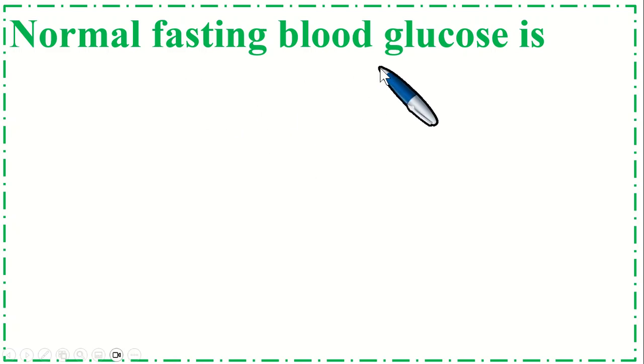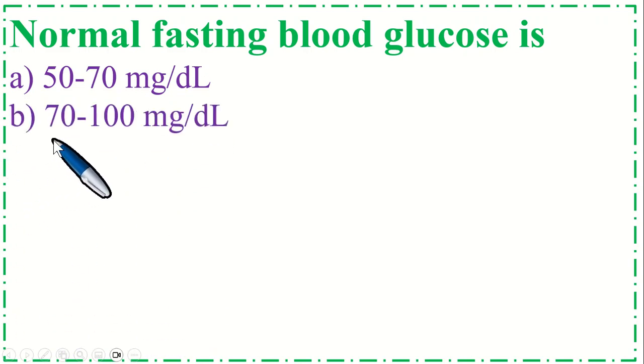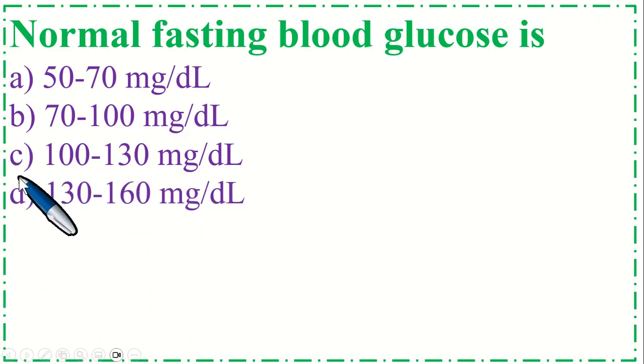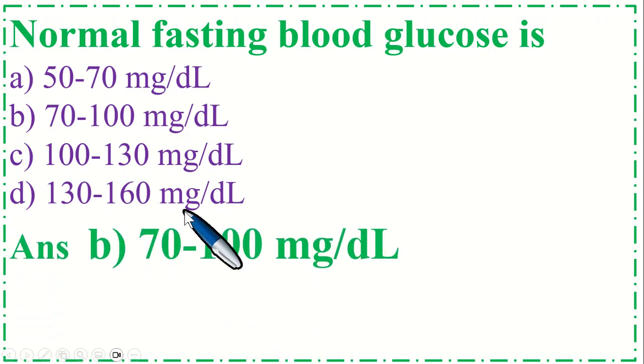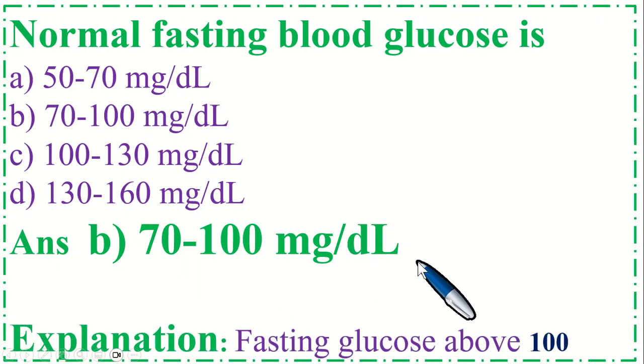Normal fasting blood glucose level is option A 50 to 70 mg per deciliter, B 70 to 100 mg per deciliter, option C 100 to 130 mg per deciliter, and option D 130 to 160 mg per deciliter. So the correct option is B, 70 to 100 mg per deciliter.